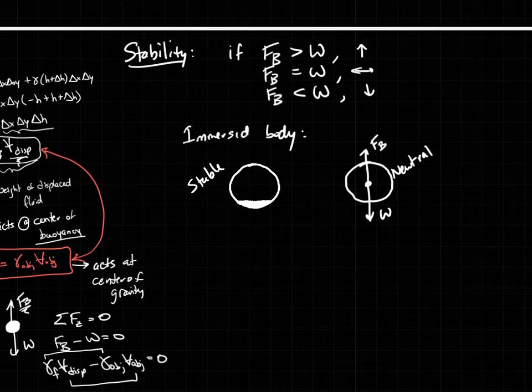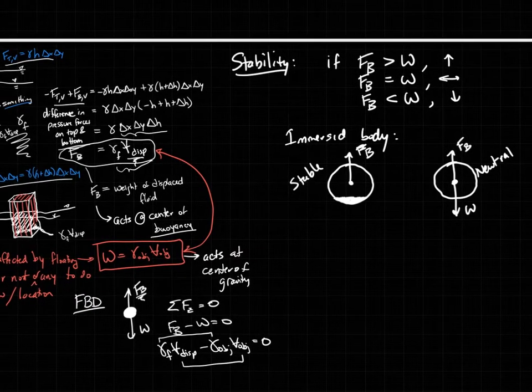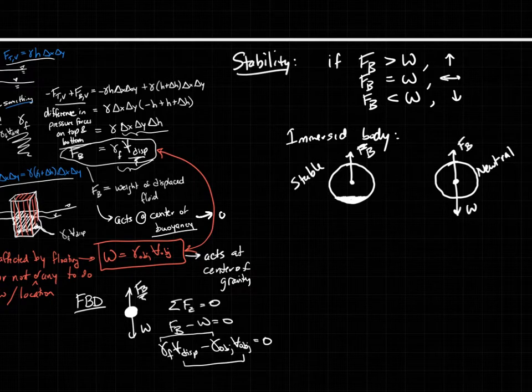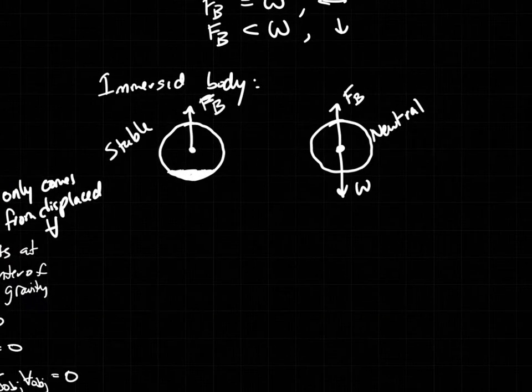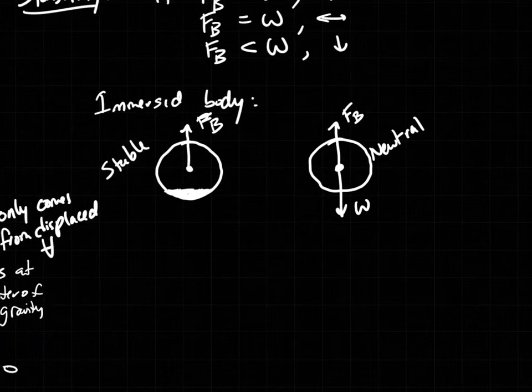What's happening here is that the center of buoyancy just has to do with the displaced fluid, so it remains right in the center of this object. It comes only from the displaced volume. However, the center of mass has shifted down a little bit, down here.